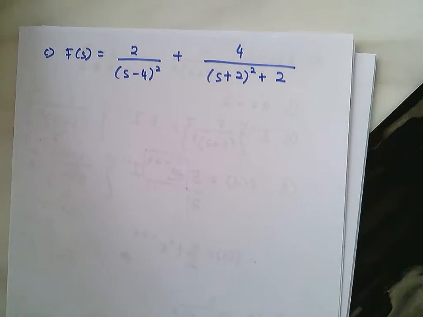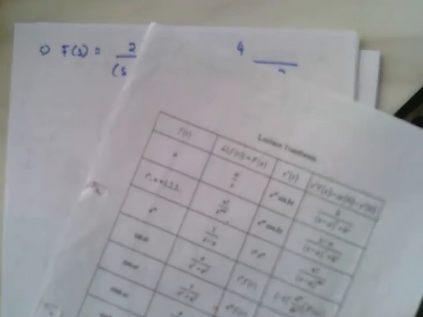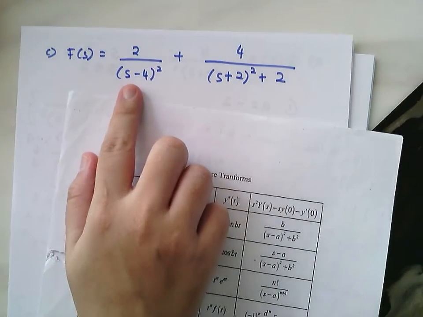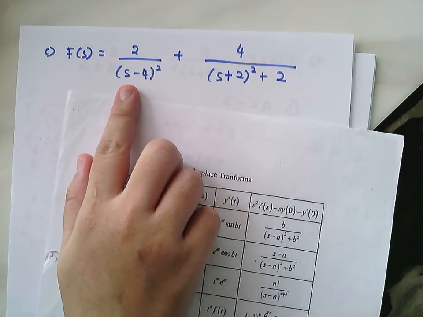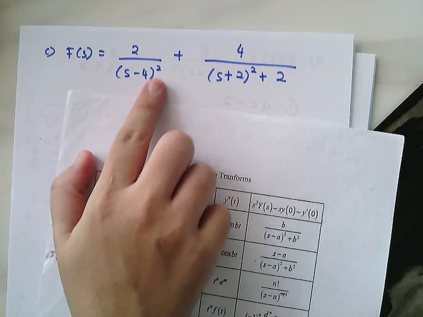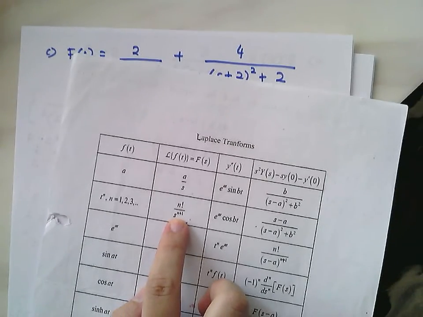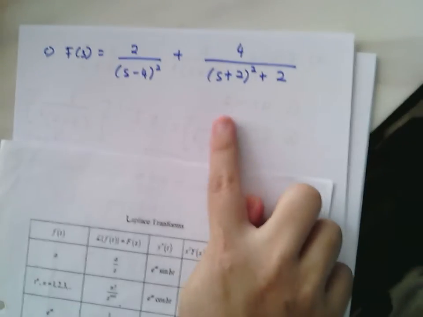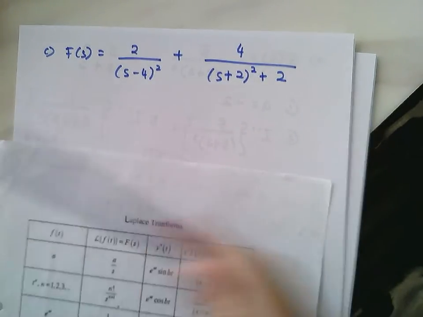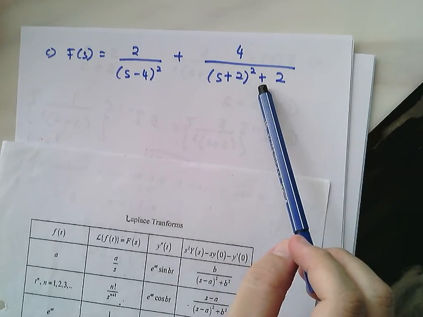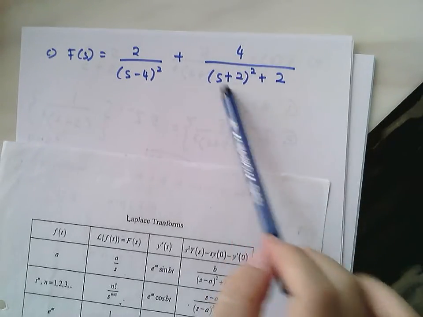Okay, because if you take a look at the table of the Laplace transform, this one will be t in terms of t. Why? Because your n is greater than 1, so you will use this one. For the second one here, for the numerator part you have a constant, and this one is plus, so obviously this one will become a sine function.